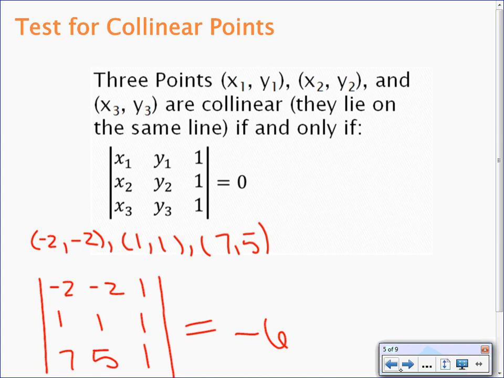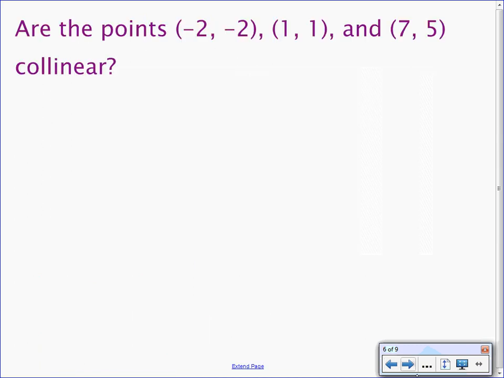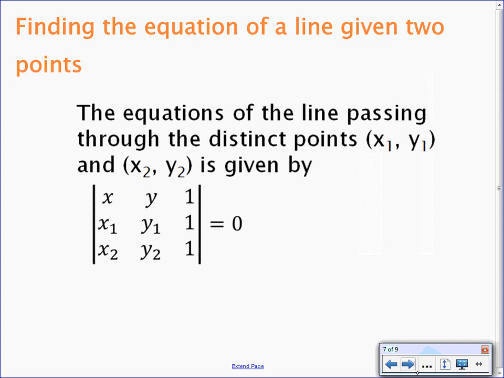Okay, so if I want 2 points to be on the same line, I can put those 2 points into this formula, and then I need a third, right? So our third point, we're just going to name x, y. That way, when we find the determinant, it's actually going to help us find the equation of the line.